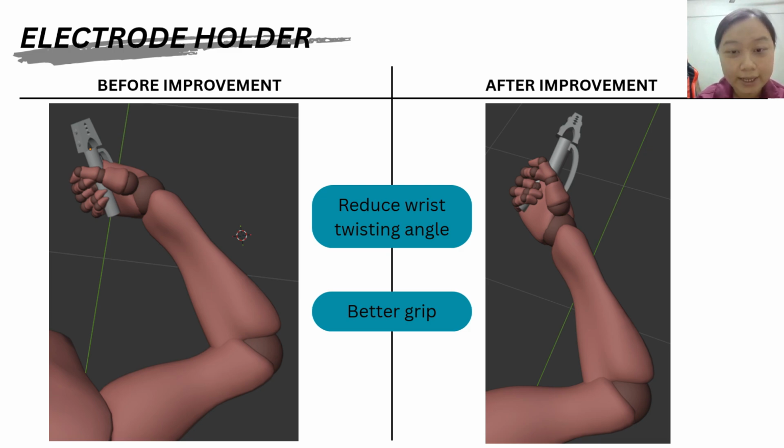Also, because we have enlarged the diameter of the holder, and we are using a rubber grip and finger indentation, they have a significantly better grip and better control of the electrode holder.